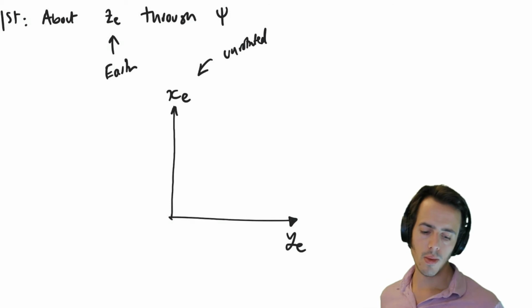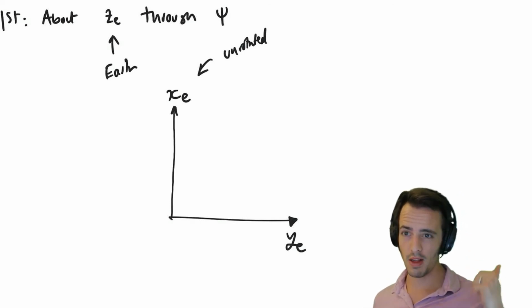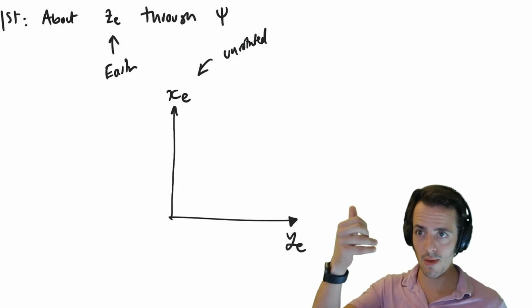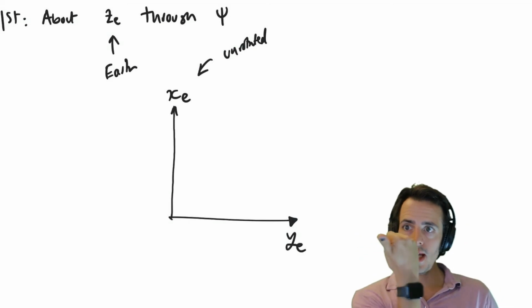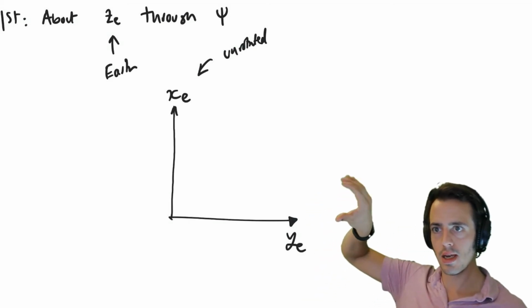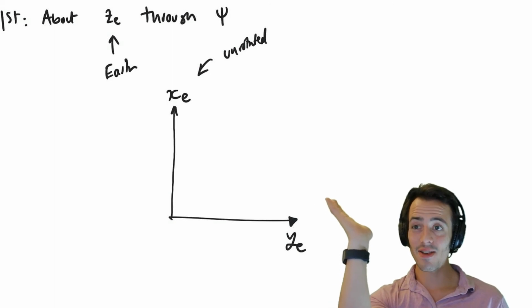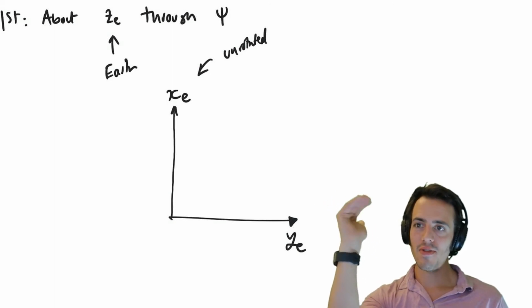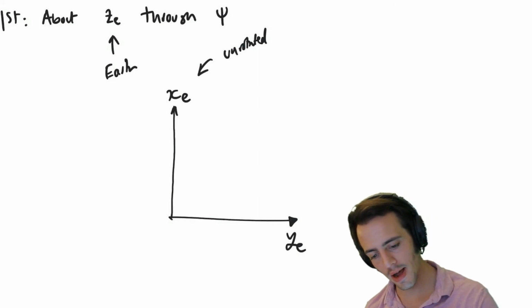Now we know that a positive rotation here, if we use the right hand screw rule, this is the wrong hand for the video, so let's do it here with my hand. If I put my thumb into the page, which would be that way, then by the right hand screw rule, fingers would curl around in this direction. So a positive rotation is going to be in this direction.